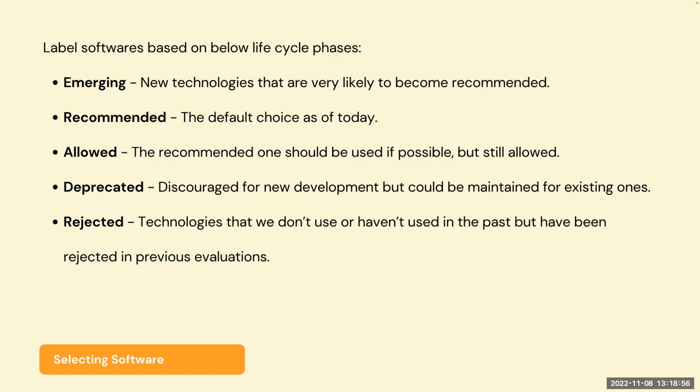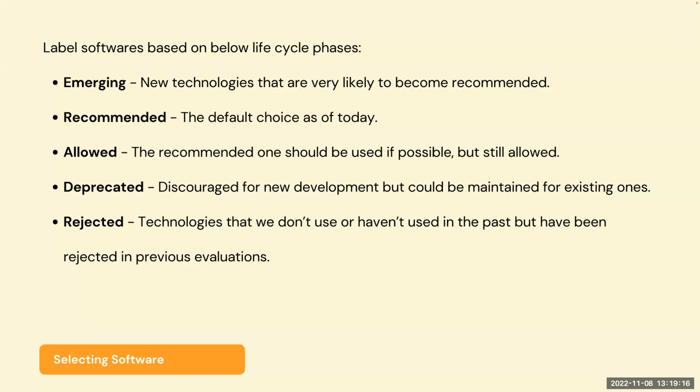You can still use them, for example, but they may have some drawbacks, let's say scale and so forth, which you may hit at a later stage in your software development. So it's still allowed, but not really recommended.